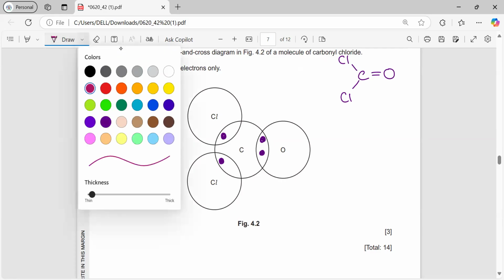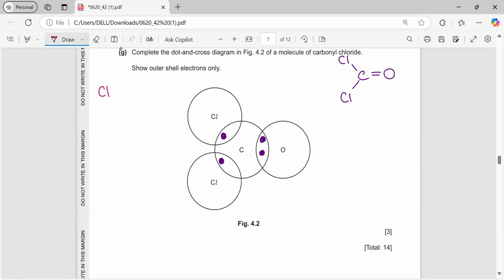That's carbon. And as for the chlorine, atomic number is 17, so its configuration is 2, 8, 7. So it will share 1 electron and the rest of the 6 electrons will be drawn outside. They will form lone pairs. And same with the other chlorine also.